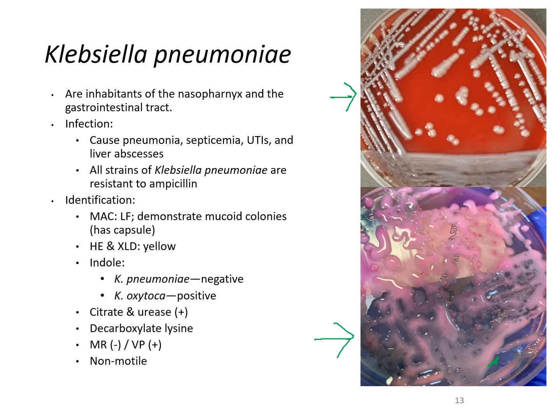So if someone was trying to narrow down whether or not it's Klebsiella pneumoniae, then they would do the indole test as a quick indicator to determine that it is Klebsiella pneumoniae that they're dealing with. These organisms are citrate and urease positive, and they do decarboxylate the lysine. They are VP positive and non-motile.